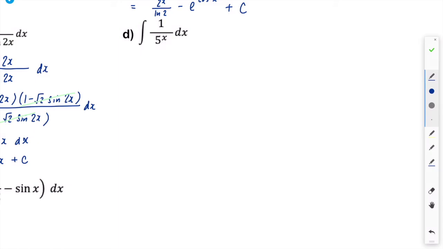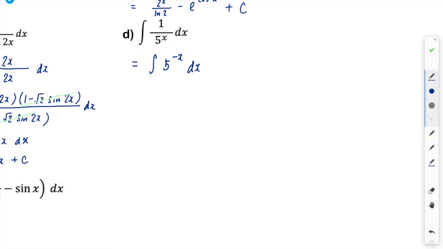Here is the next question, D. We're looking for the integral of 1 over 5 to the power of x. So in a way, I'm thinking of this question as the integral of 5 to the power of negative x.